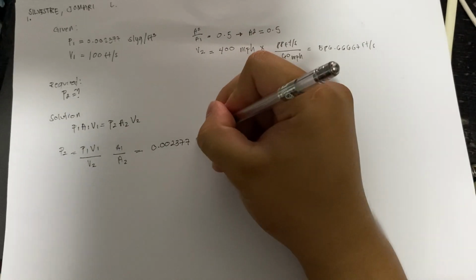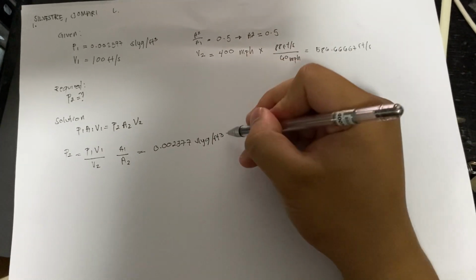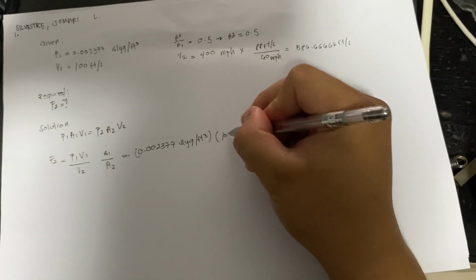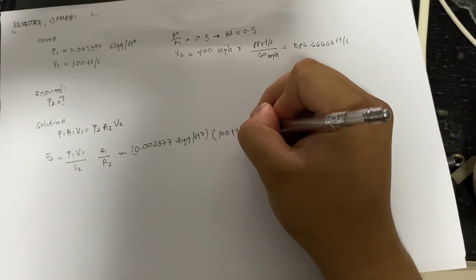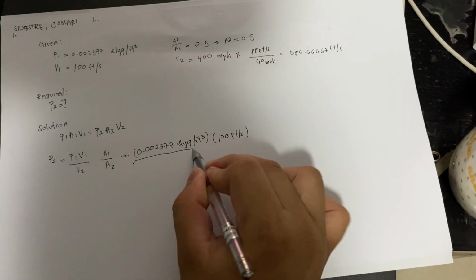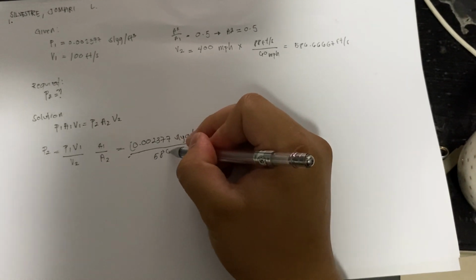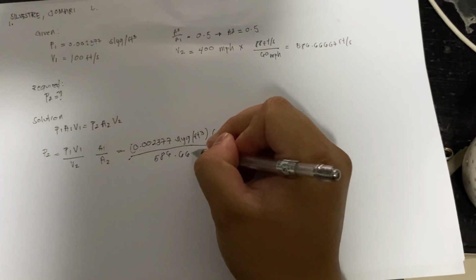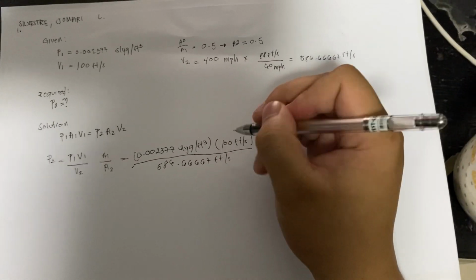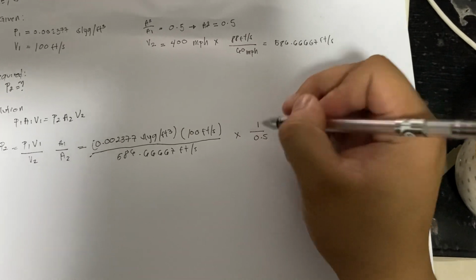Rho 2 is equal to 0.002377 slug per feet cubed multiplied by 100 feet per second over 586.66667 feet per second multiplied by 1 over 0.5.